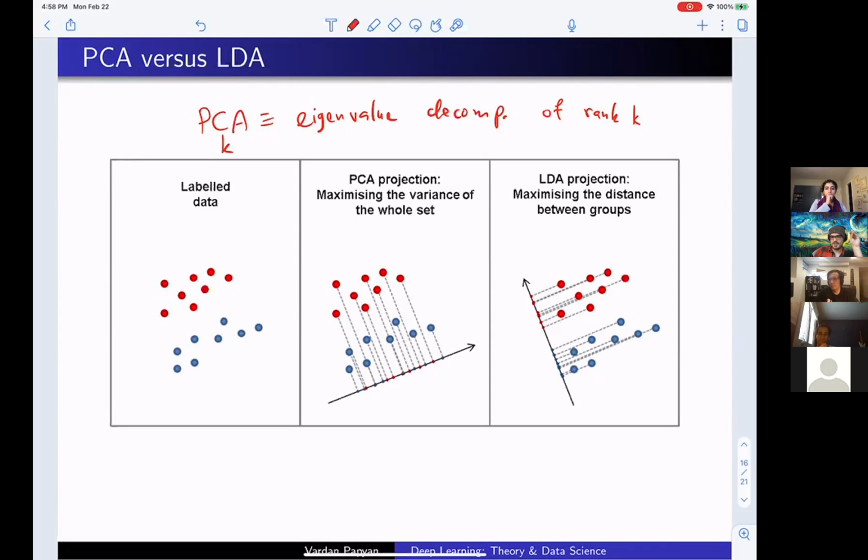If you just compress everything to a point, you get beautiful compression, but it doesn't preserve your data in any shape or form. So you want to compress it into a single dimension, let's say, but you want to keep the variance of the data as much as possible.